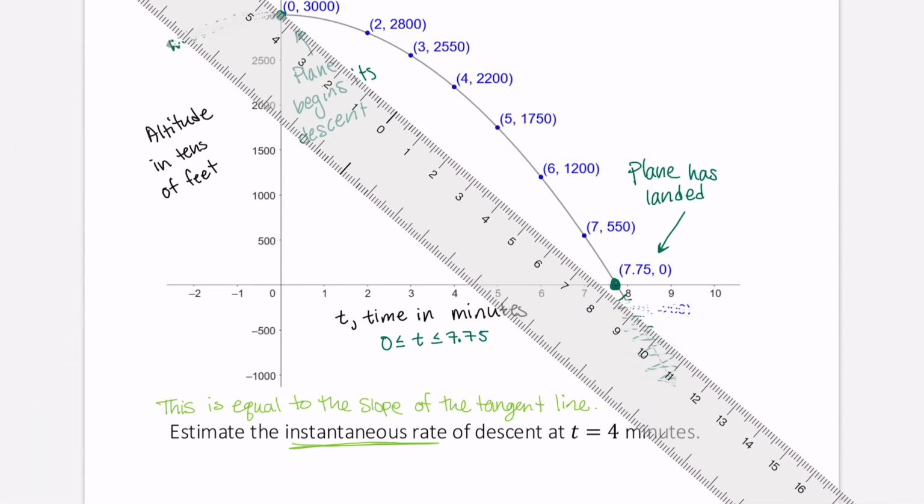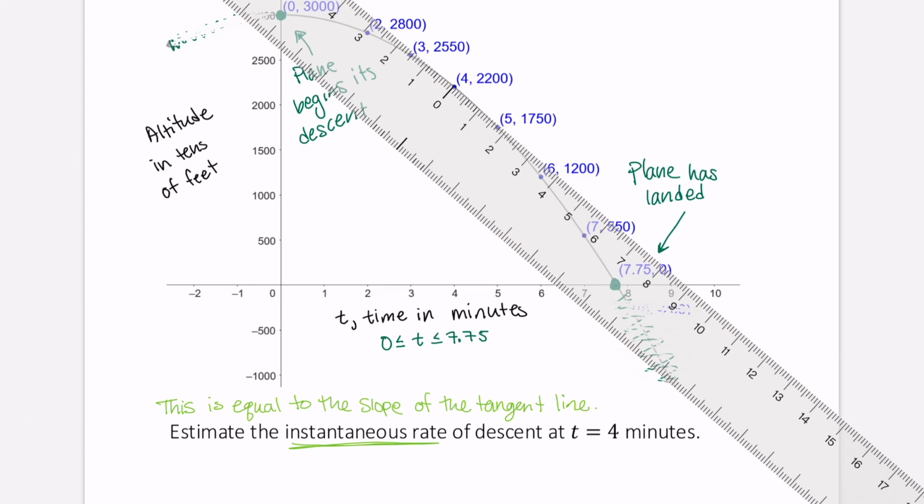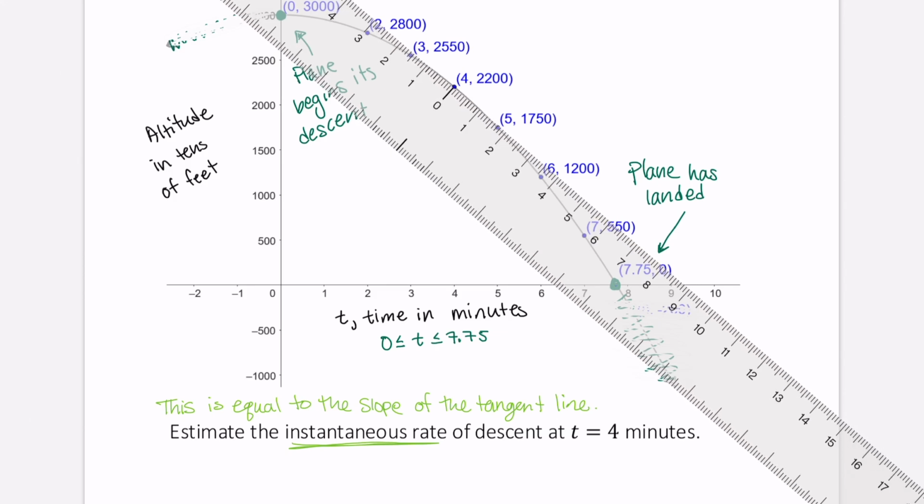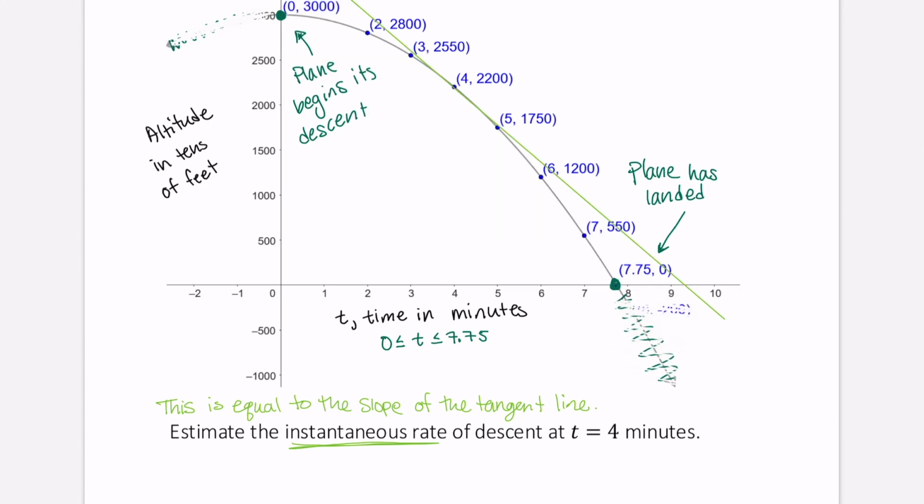So please, on your own paper, grab a ruler and get it to be just about the same slope as that line, and then go ahead and trace your ruler to get a nice straight line. Okay, so this here, in this light green, this is the line tangent, and I forgot to reiterate that this is the graph A of t, representing a plane's descent.